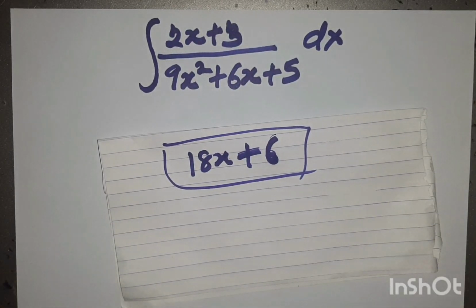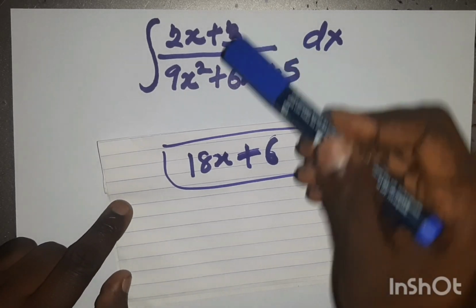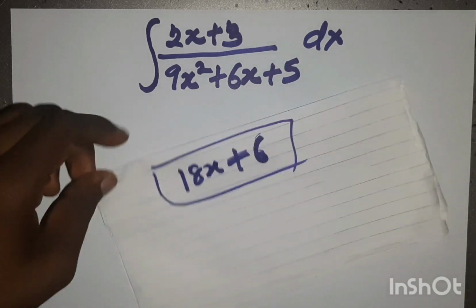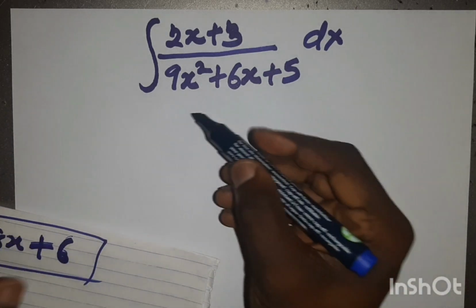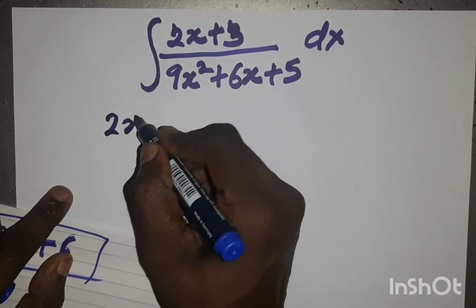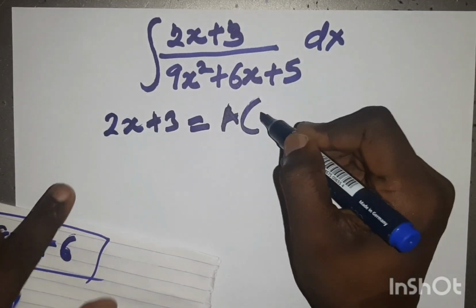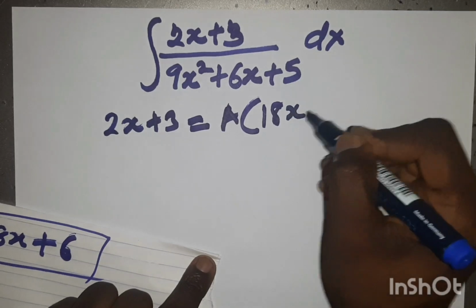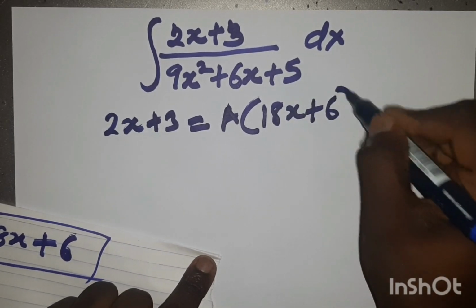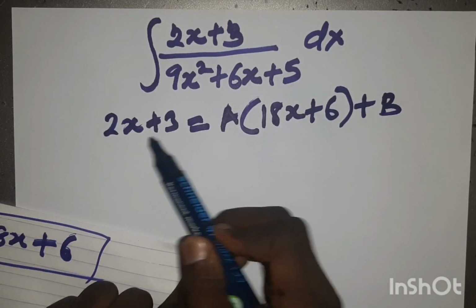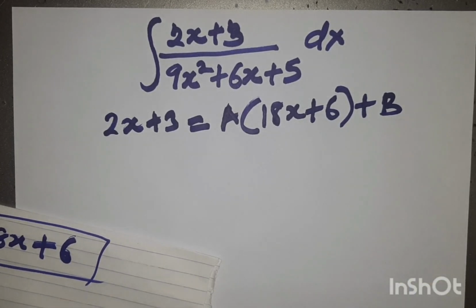So let's write 2x plus 3 as a constant multiple of 18x plus 6. It's going to be 2x plus 3 equals a times the bracket 18x plus 6, then plus b. This is how we can write this as a constant multiple of 18x plus 6.